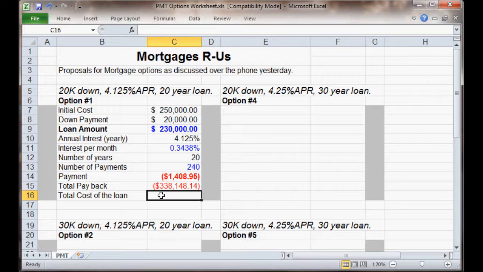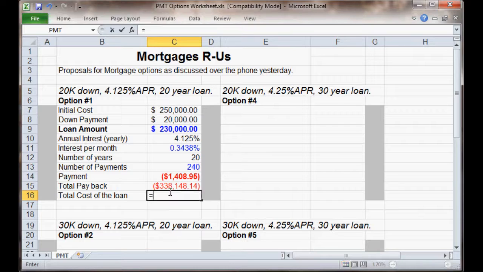Now this formula is a little tricky. Remember, we're going to start with a negative number, and to find out the cost of the loan, we need to remove the amount that was actually given to us or loaned to us to make this purchase. So we find the difference between the loan amount and the payback amount, noticing that one's a negative number and one's a positive number. How do you suppose you'd do that? Well, this is how I would do it.